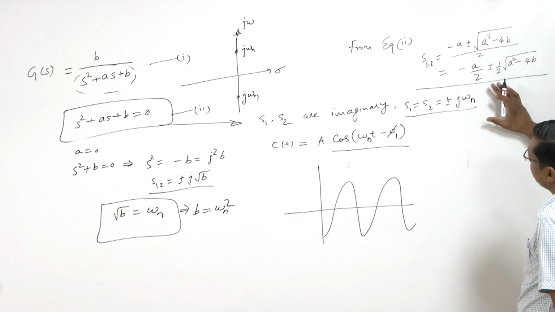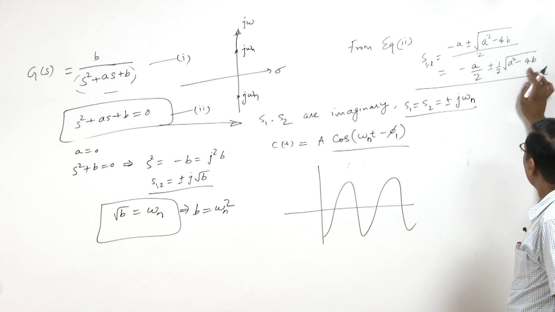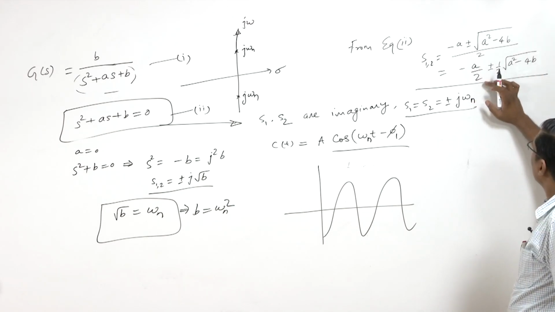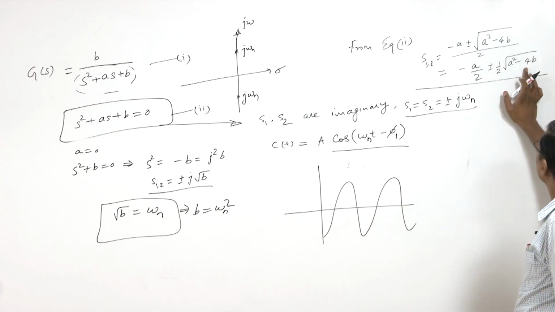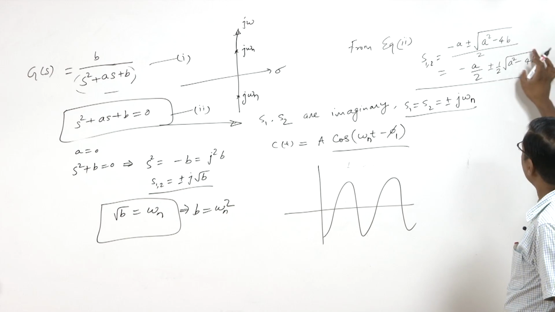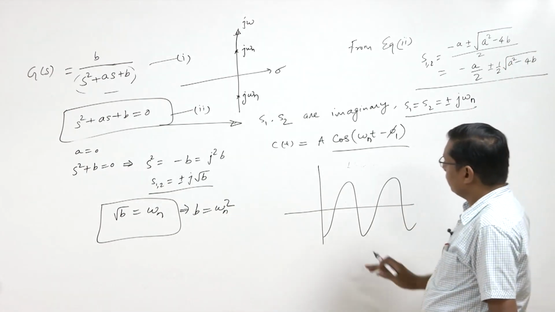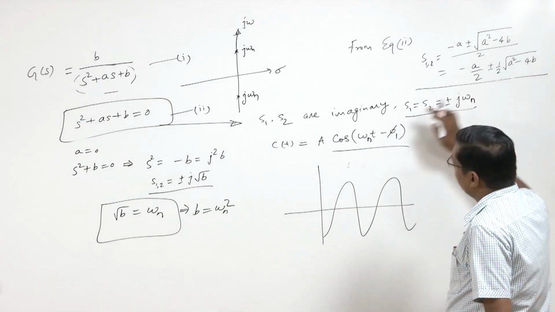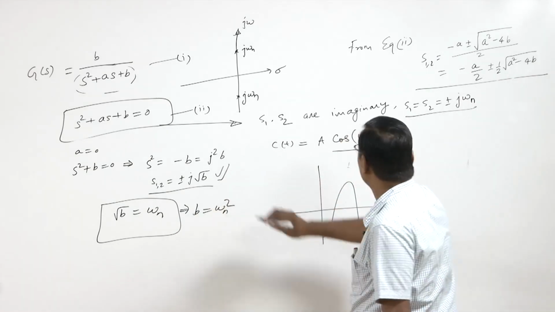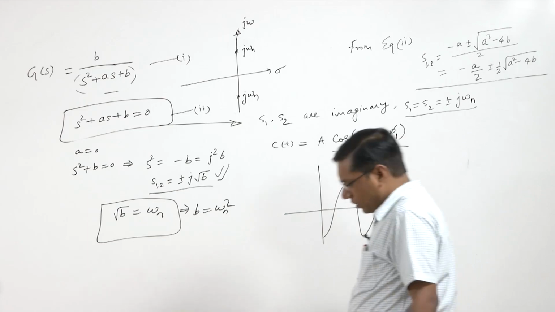To get only the imaginary part, we put a equal to 0, this part equal to 0, and so we get plus minus j root b as the poles, and we defined the natural frequency.